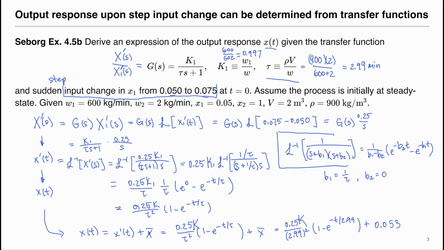Let's put that in. And I claim the results should be 0.028, 1 minus e to the negative t divided by 2.99, plus 0.05.